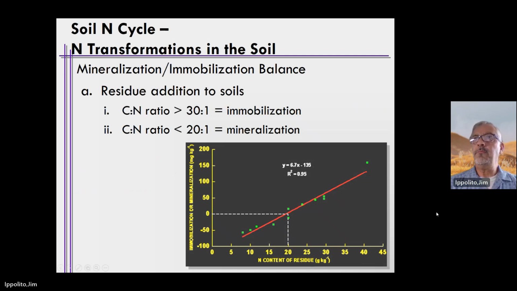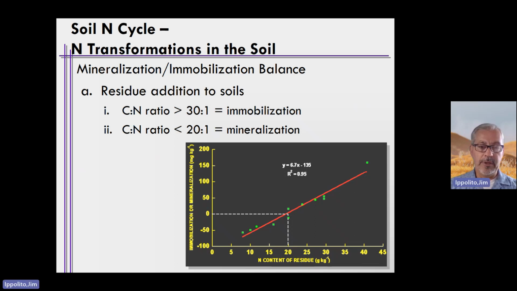And when we add residues or amendments to soil, oftentimes when we add an amendment or material that has a carbon to nitrogen ratio greater than 30 to 1, immobilization will occur. And when we add an amendment or residue of a carbon to nitrogen ratio less than 20 to 1, mineralization occurs.